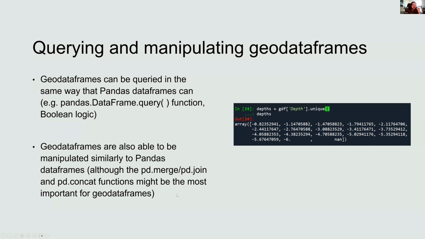And one thing that could definitely be very helpful when it comes to any coordinate-based, like GPS, data sets is that you can merge or join data frames together, so that you have points with the same coordinates.